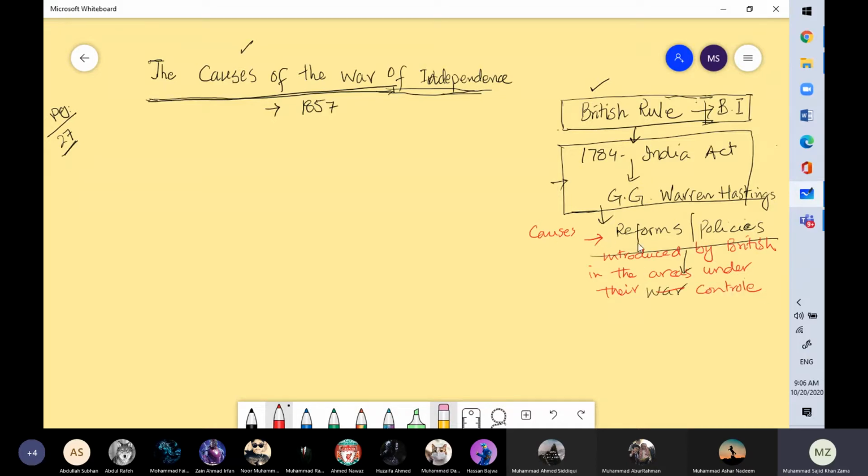So these were the causes. Now, how did British reforms or policies become the causes? Reforms or policies mean the way they ruled India, British India.